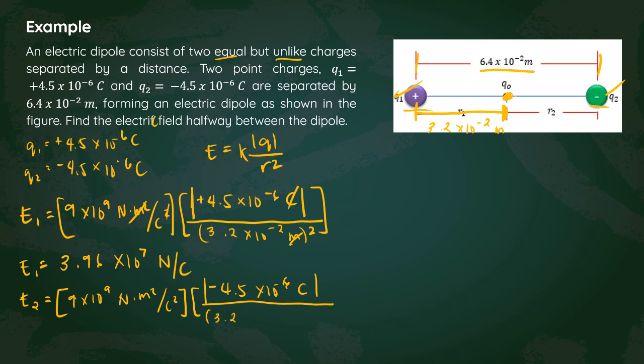That is 3.2 times 10 raised to negative 2 meters squared. Cancel this one and this one. So the electric field due to particle 2 is also 3.96 times 10 raised to 7 newtons per coulomb.